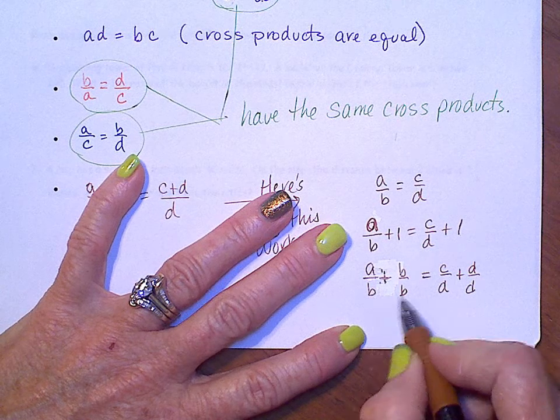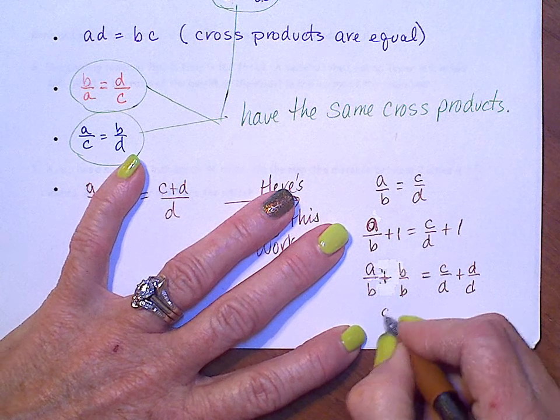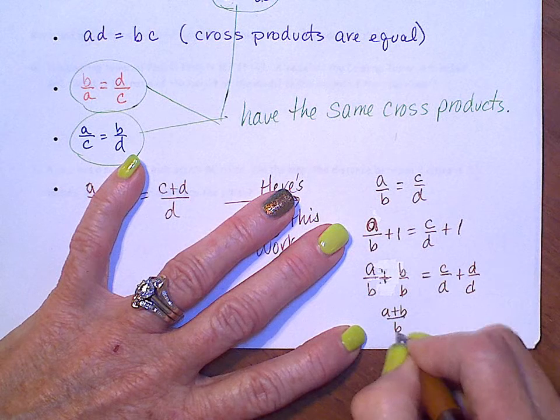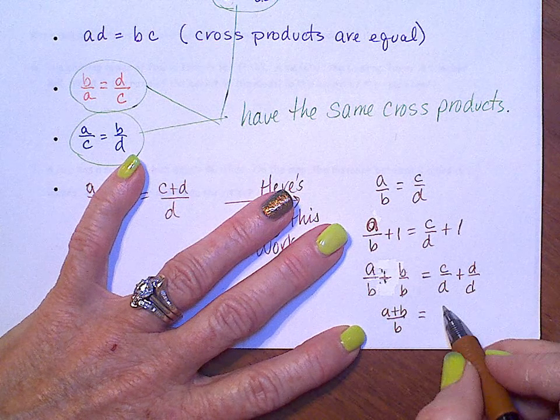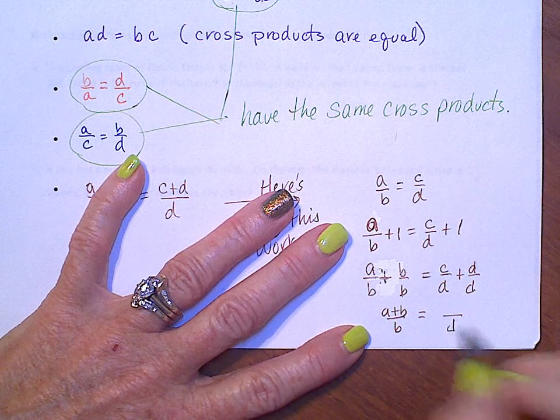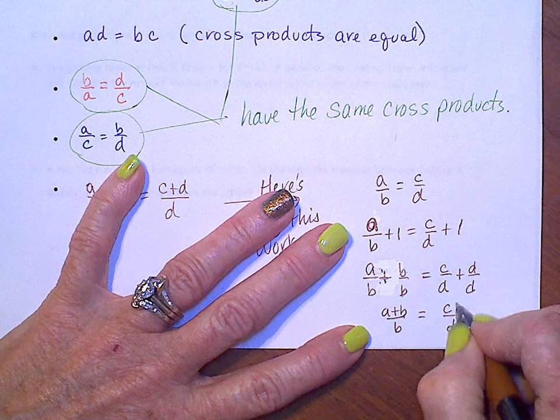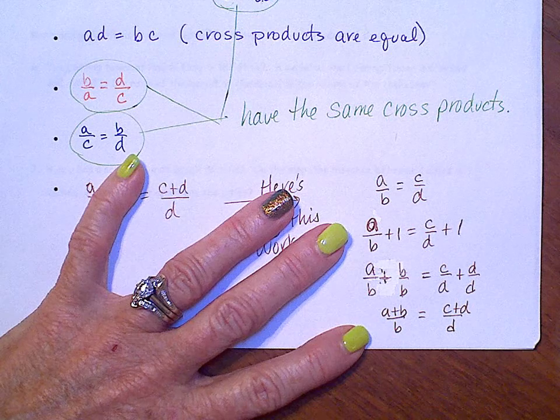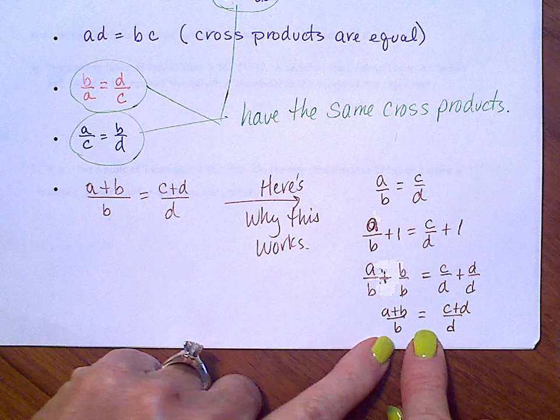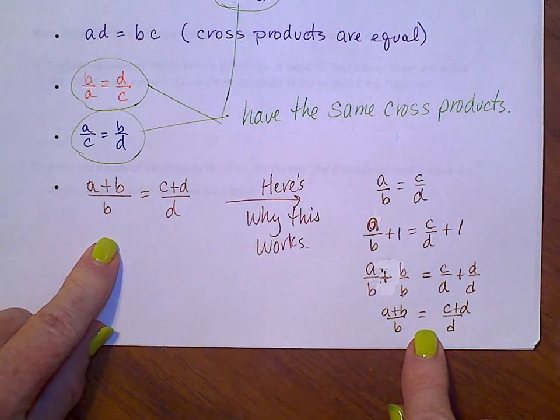The common denominator is B, so we can add the numerators: A plus B over B. On the right side, we have a common denominator of D, so we can add the numerators: C plus D over D. And there we go. That's why that pattern works.